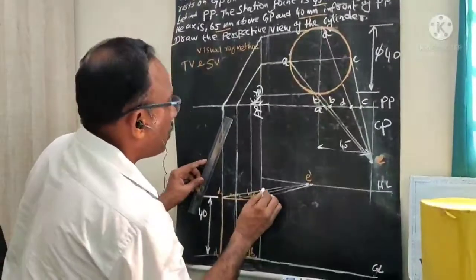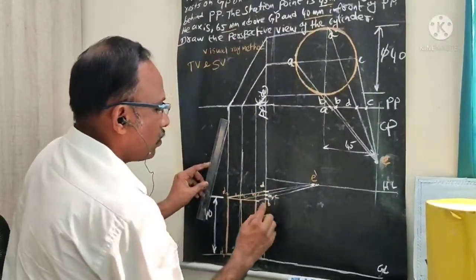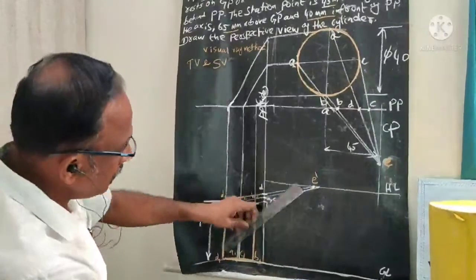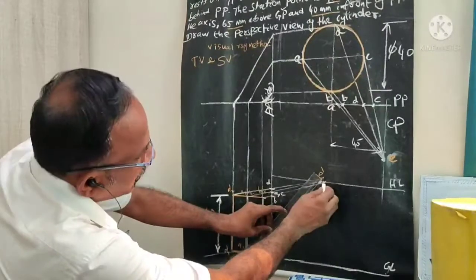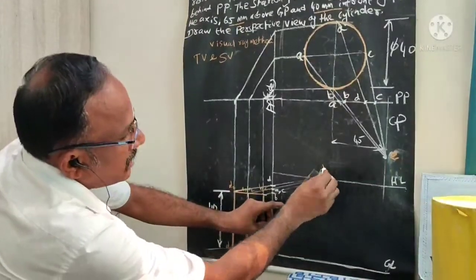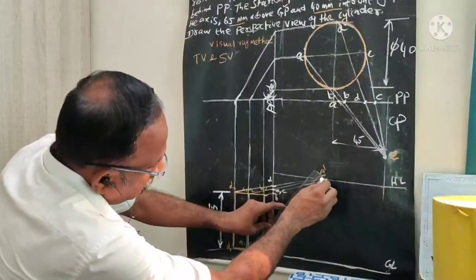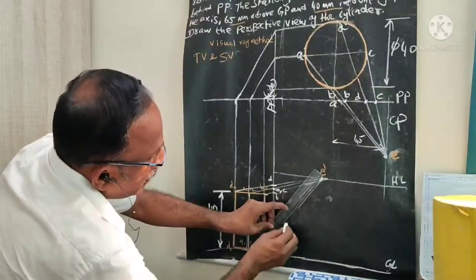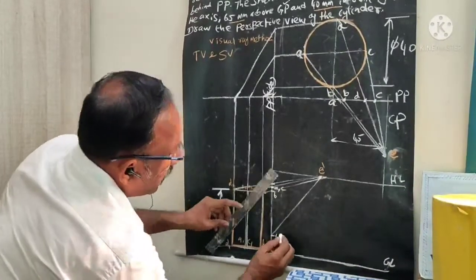This meeting point in the PP line I call D. So I got 4 points for the top. Similarly, I need to join the bottom corners of the cylinder with E dash. E dash is the station point, the observer point in front view. I need to connect here. I need to join this point, I call this B again.